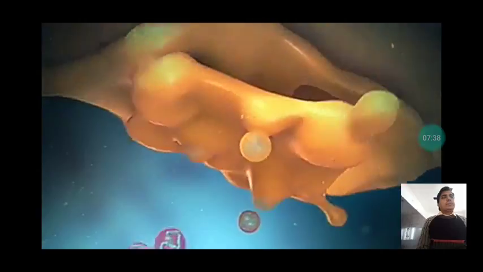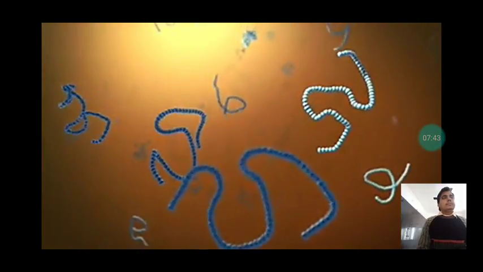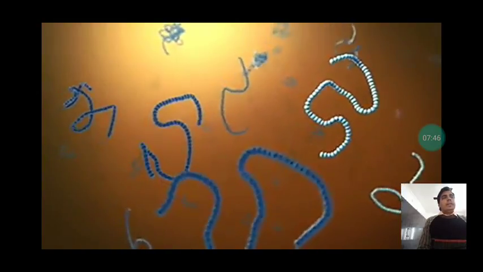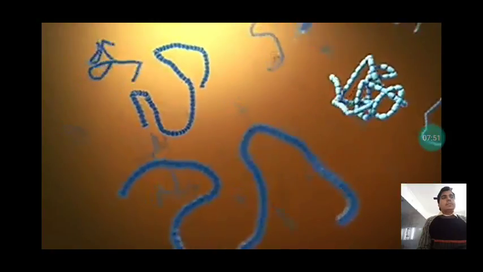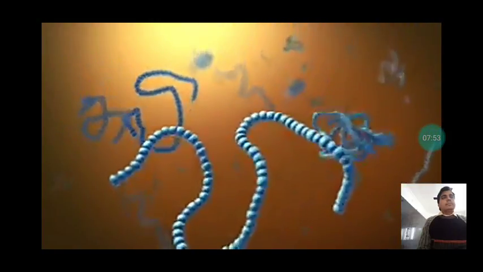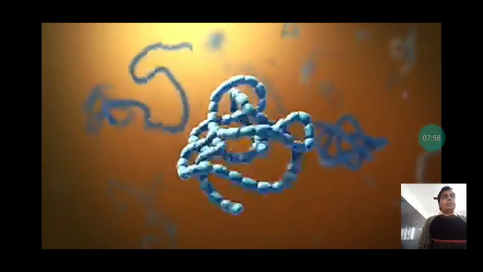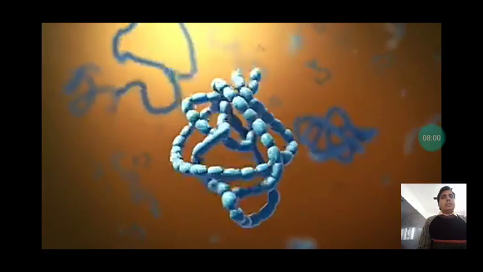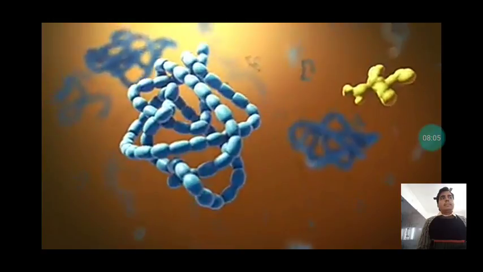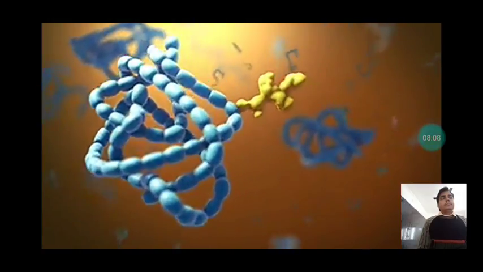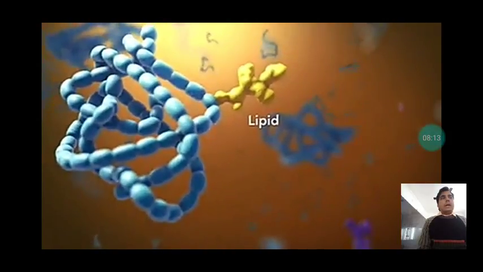As proteins move through the Golgi body, they are customized into the forms that the cells can use. The Golgi body does this by folding the protein into usable shapes and adding other material onto them, such as lipids or carbohydrates.